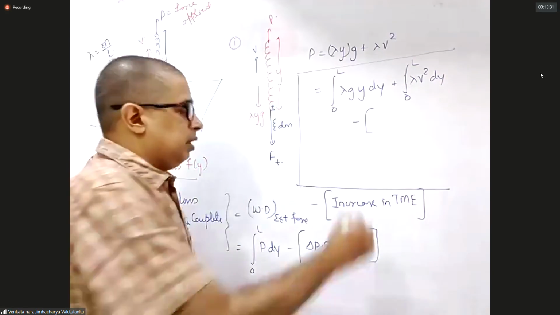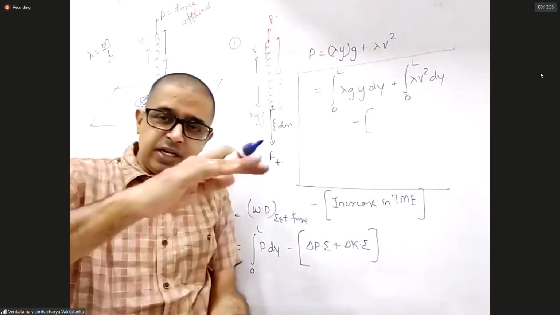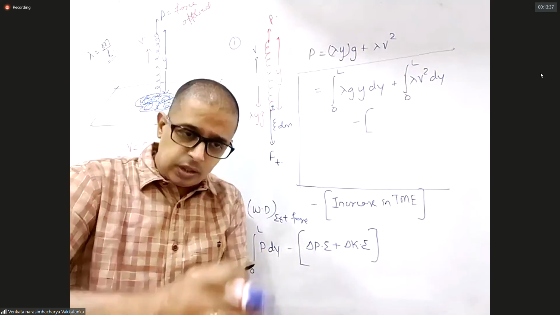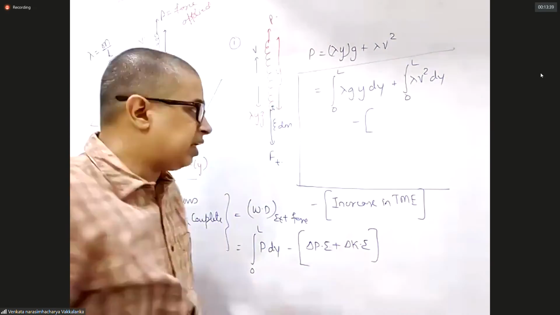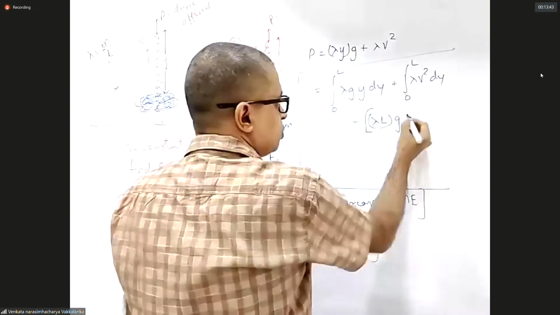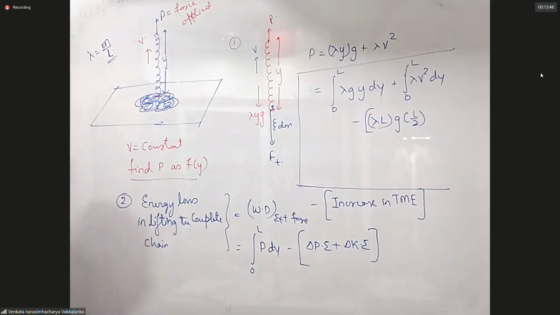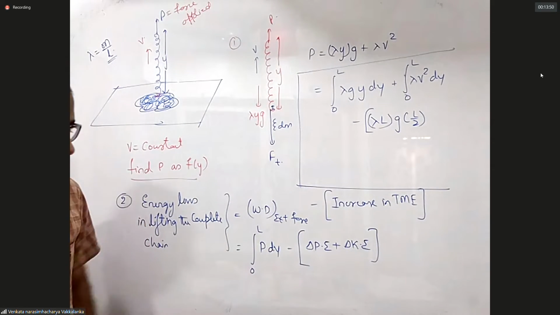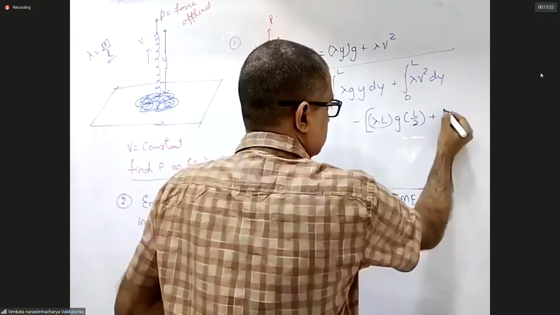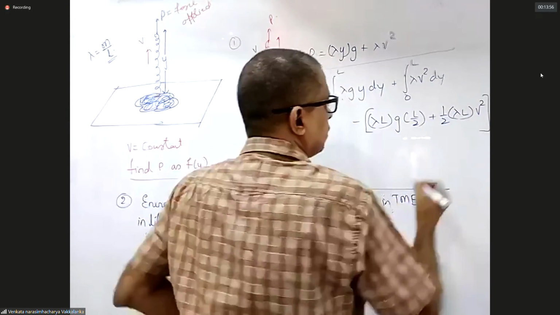Second, increase in potential energy when the complete chain, initially whole of the chain was on the ground. Now when the complete chain is standing vertically, lambda L is the mass, G into L by 2, center of mass. This is the increase in potential energy. Do you agree with that? Yes, sir. Plus half lambda L into V square.